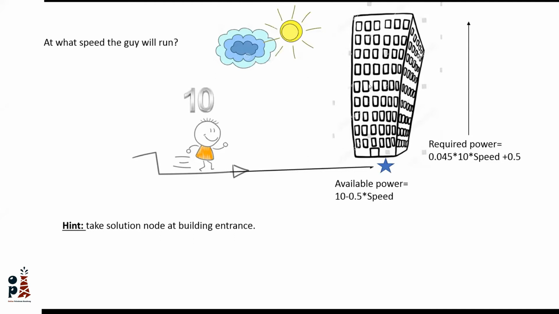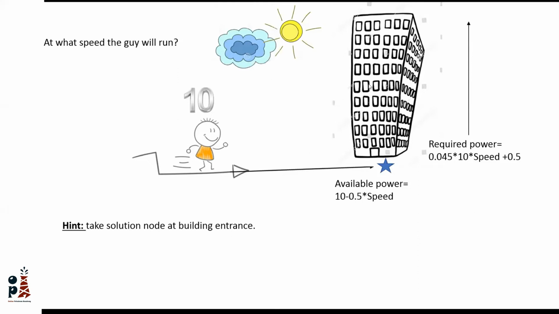So going up the stairs with a specific speed will require a specific amount of power, which we call the required power, and the guy will reach the entrance with a certain amount of power, which we call the available power. So in order to do this, the available power needs to be the same as the required power.